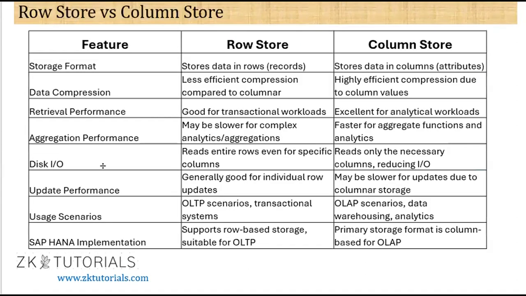So update performance is good in row store, and in comparison, column store is slower. Usage scenario: row store is used in OLTP scenarios, transaction systems, and column store is OLAP. We will see OLTP and OLAP in depth in the coming lectures. SAP HANA implementation supports row-based storage, but its primary storage format is column-based. So is it clear to everyone till here? These are all the differences.